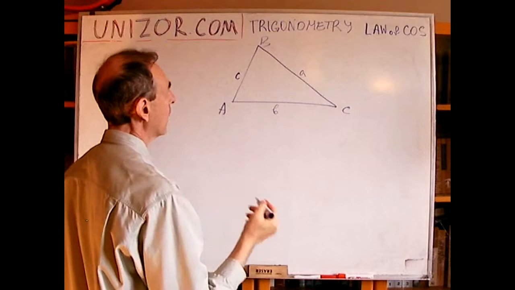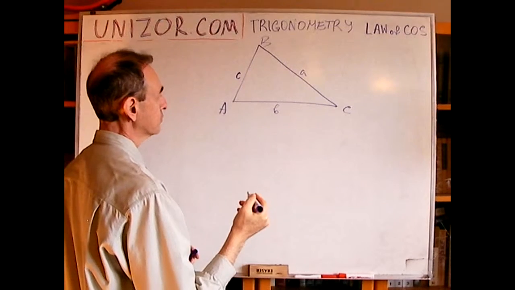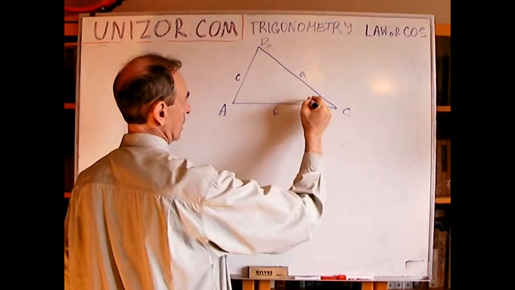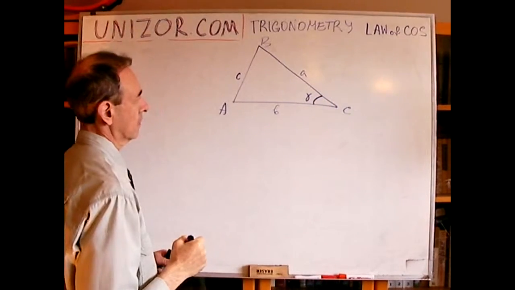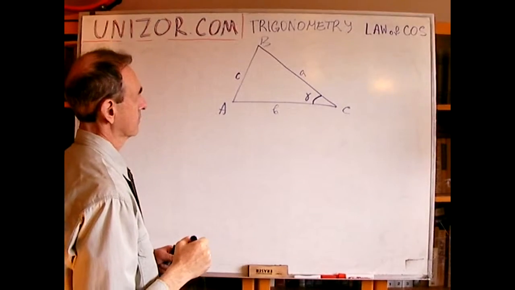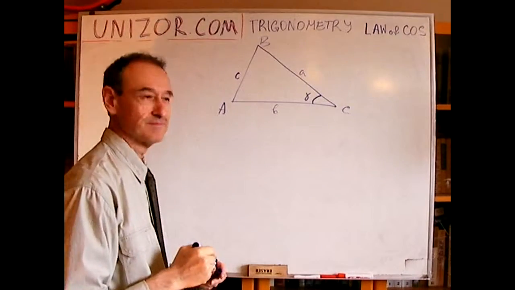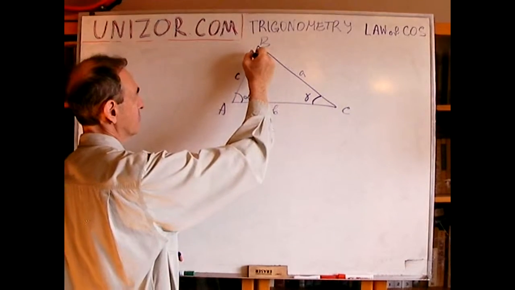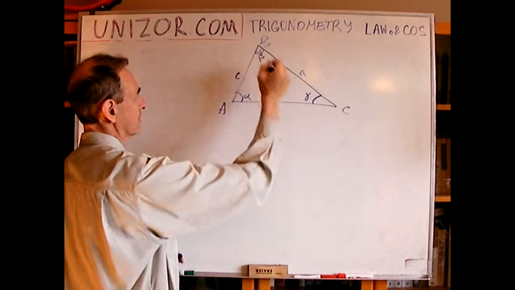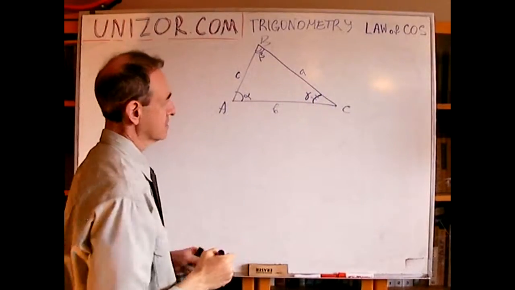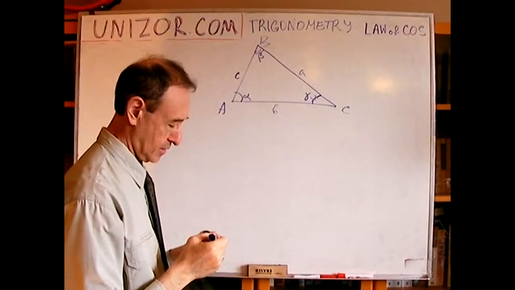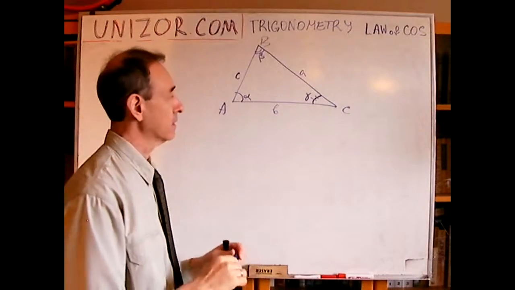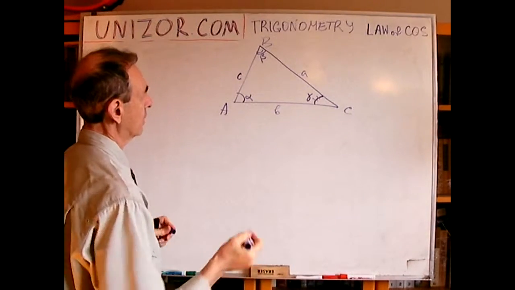And what I would like to prove is the following. Let's call this angle gamma. Why gamma? Well, because at A you have alpha, at B you have beta, and for C you have gamma, right?